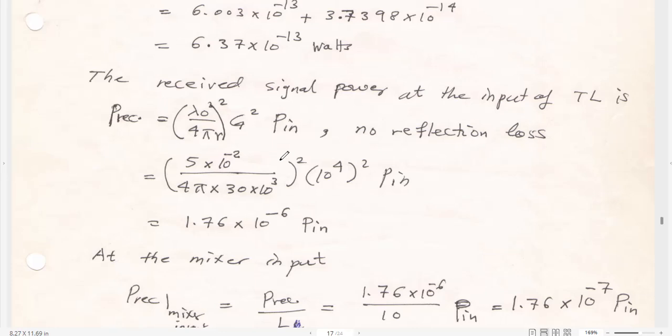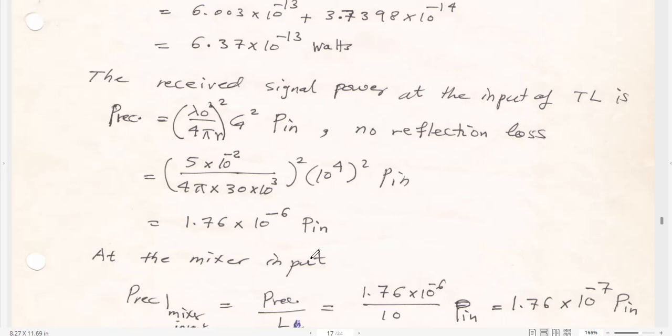Here we write lambda naught is 5 centimeter, 5 times 10 to the minus 2 meter, and 4 pi, the distance is 30 kilometer, 30 times 10 to the 3, squared, and the gain was 40 dB. 40 dB is 10 to the 4. We divide and take 10 to the power 4 squared here, times P input. P input is unknown.